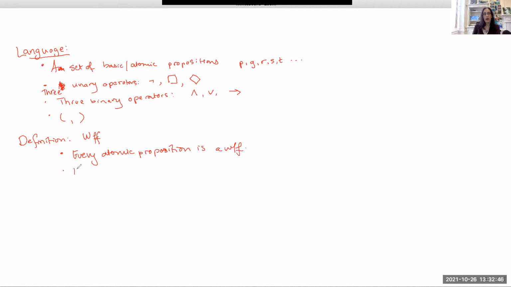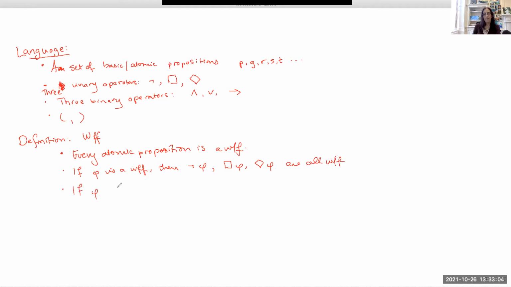And then we know that if phi is a wff, then just as in the propositional case, so is negation phi. But then we will also add box phi and diamond phi are all well-formed formulas.